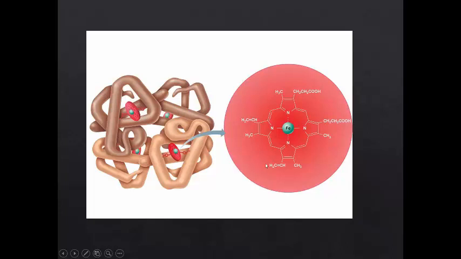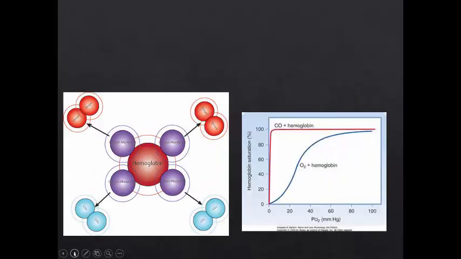In this case, this is hemoglobin, iron, and it's a metal ion agent. As you know, hemoglobin has a high affinity for carbon monoxide, which is higher than oxygen, and its real job is to carry oxygen.